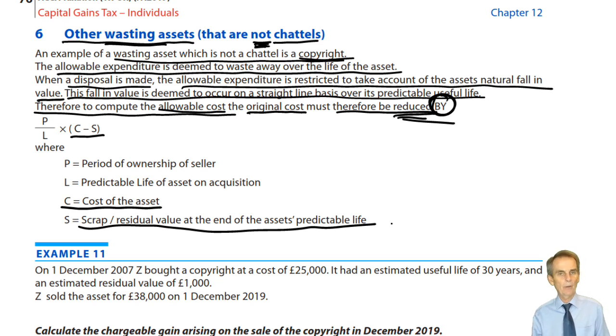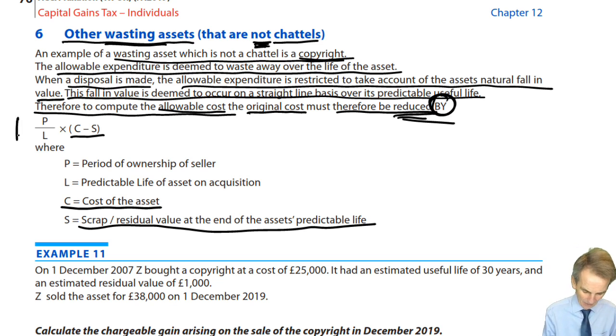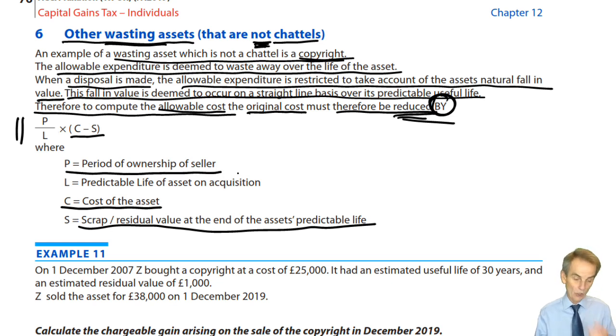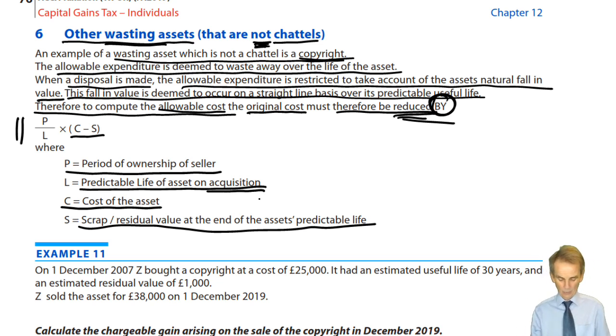And we're going to reduce it for the period of ownership that the taxpayer has had, because we're going to multiply it out by P over L. P, the period of ownership of the seller. So how many years have we owned that particular asset? Over L, the predictable life of the asset on acquisition. What was the predictable life of the asset on acquisition?